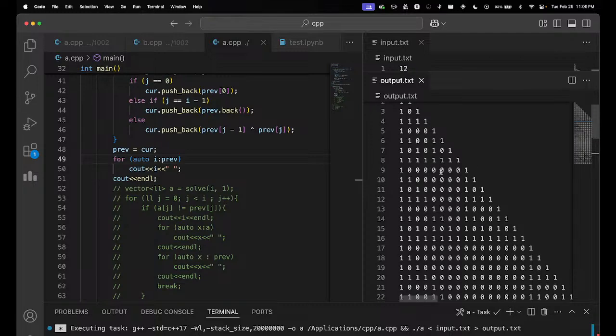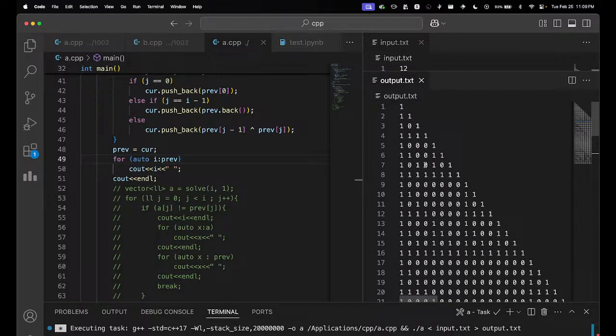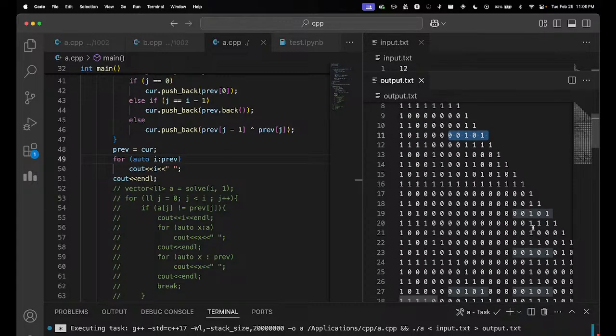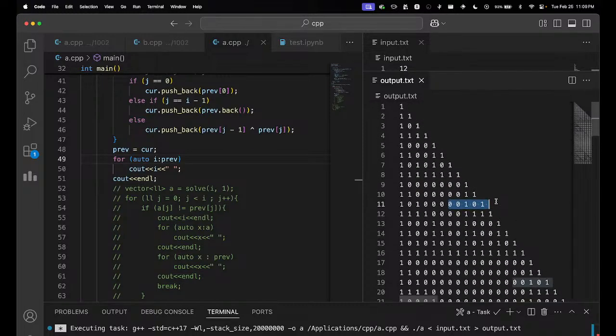One thing to notice, if you see any row over here and draw a midpoint, isn't it a mirror image? If you see left and right, if you just mirror it, the middle numbers are the same, right? You can verify it on your own, but that is what I found out: if I just compute the left, the right is basically the mirror image of it. So that is fine, cool.